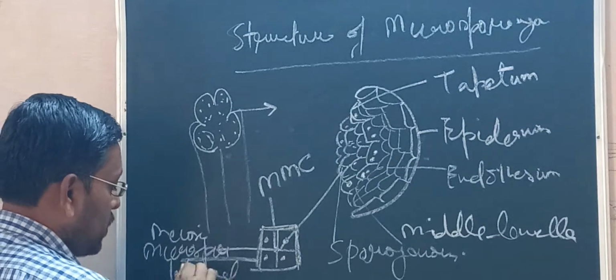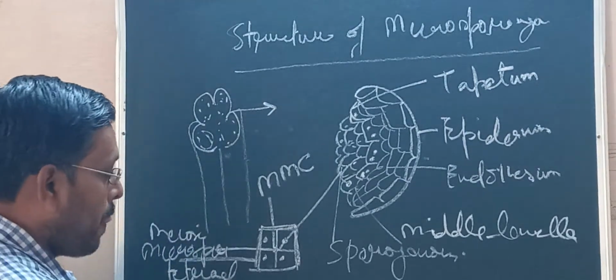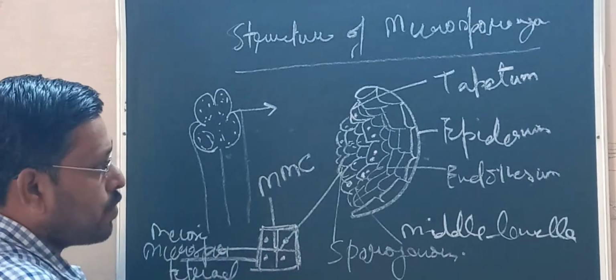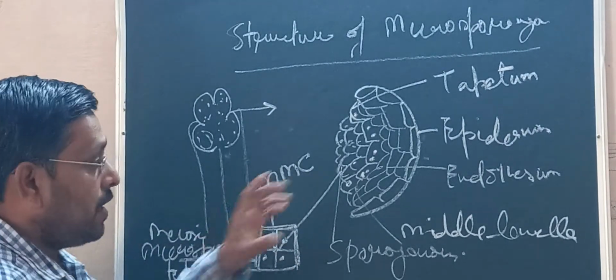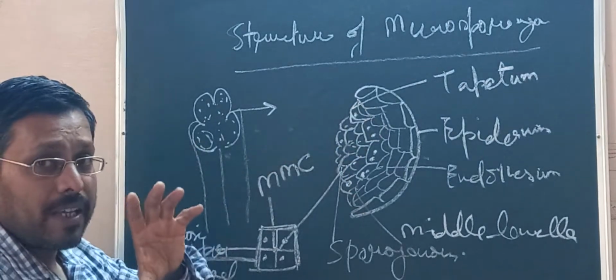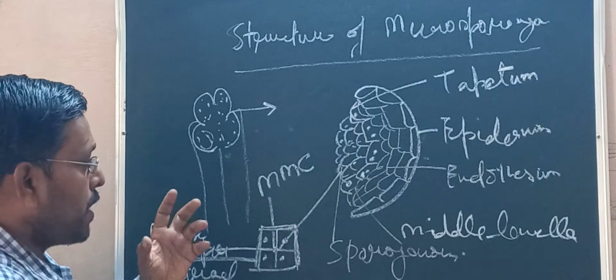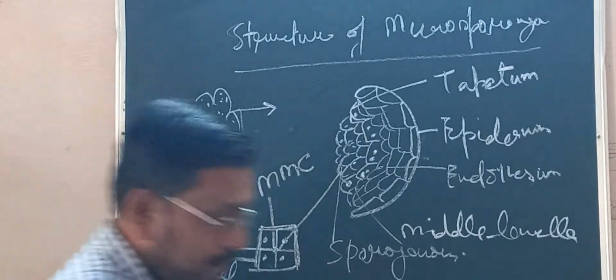After the formation of the microspore tetrad, the entire structure of the anther becomes mature.